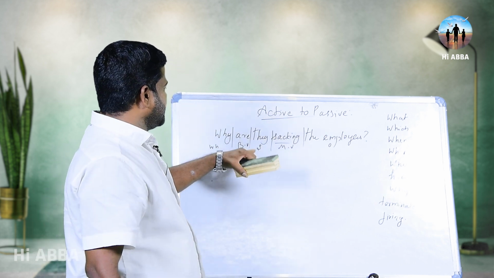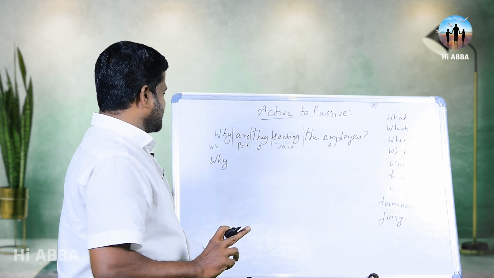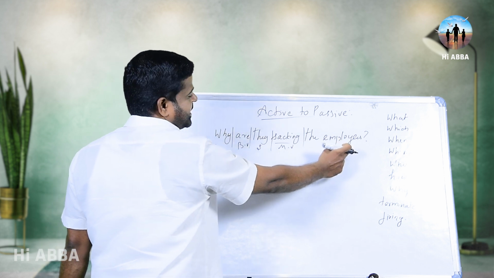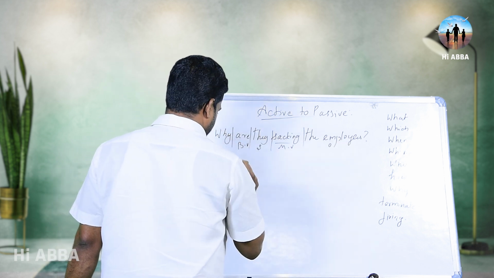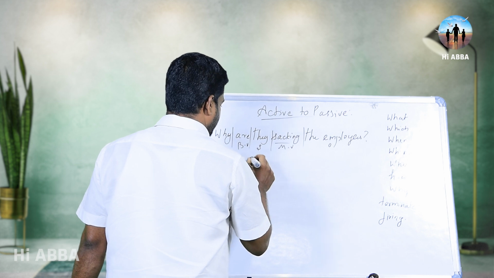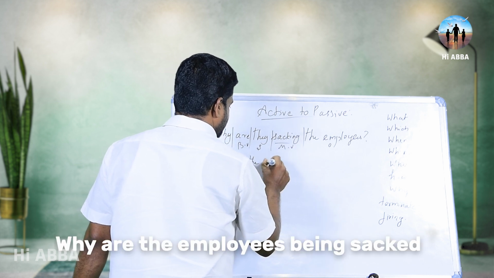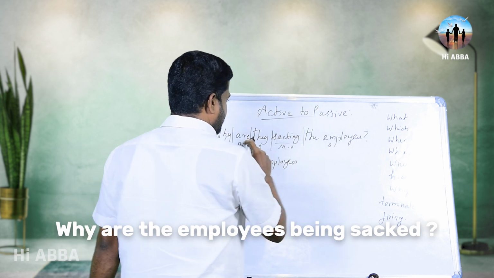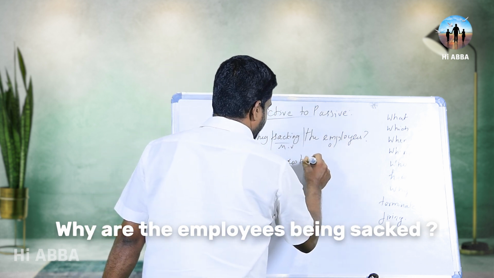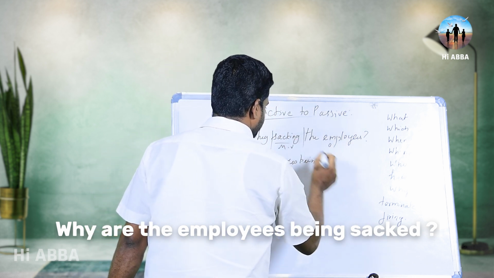The object is supposed to come as subject, but then the be form verb should be there. Now this is present continuous tense. The employees is again a plural subject, so the same are will come here. Why are the employees, being, since it is continuous tense, we will have to write being sacked.